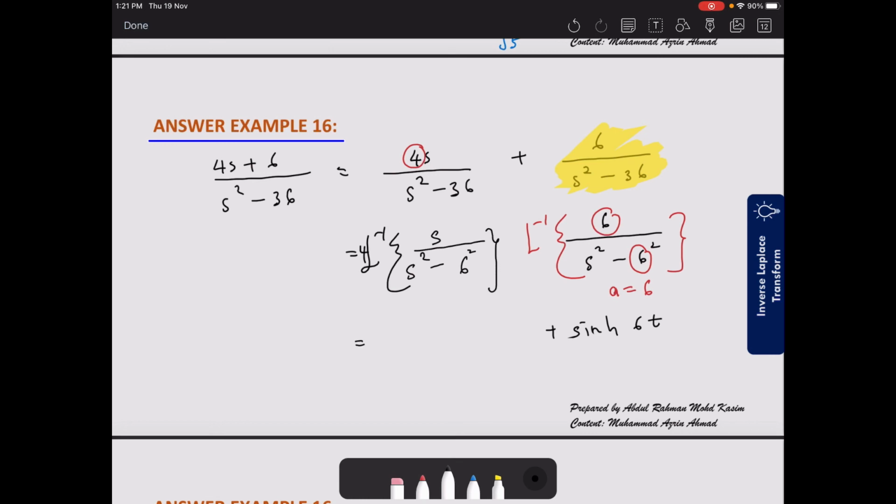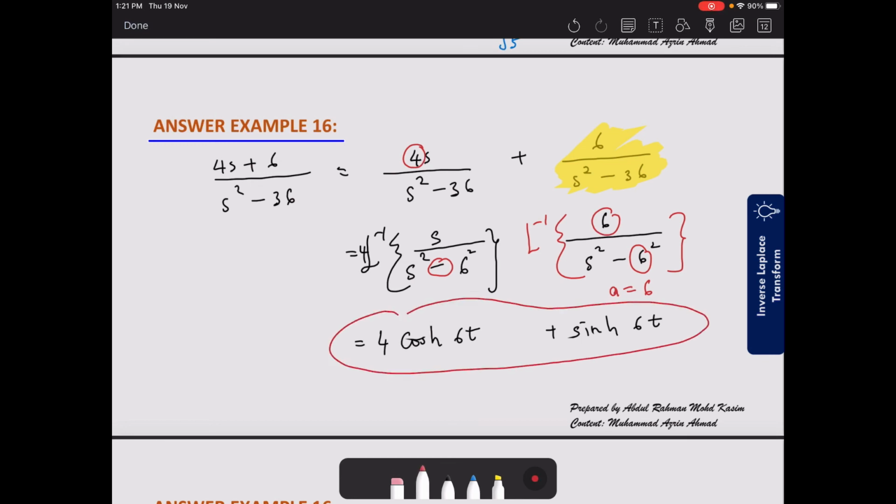So look at here, you can directly get it from the table. We have s, we have s squared minus a squared. Please be careful. So basically this one is cos hyperbolic at. So this is the answer that you want to find.